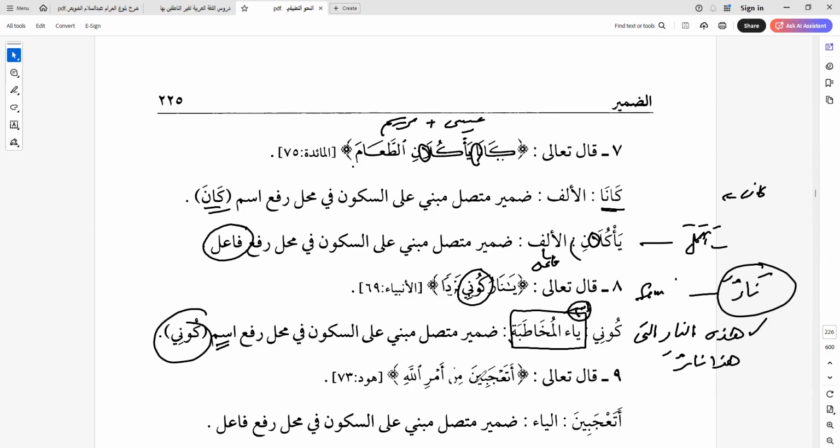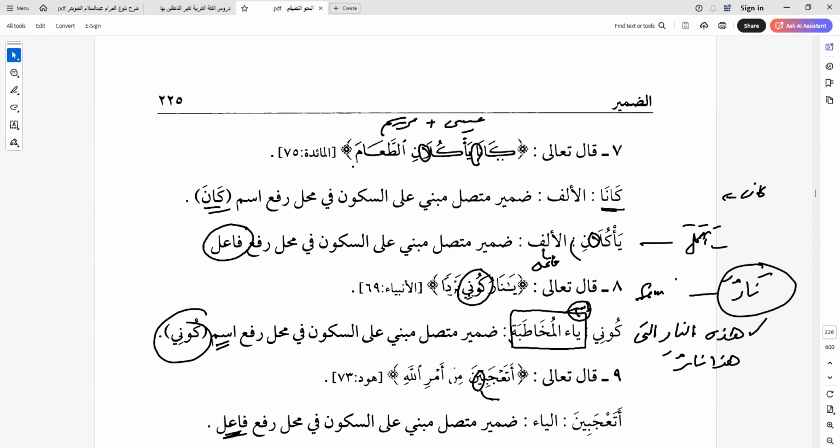قال تعالى أتعجبين, this ya again. أتعجبين من أمر الله. What kind of ya is that? Another ya al-mukhataba. The first ya al-mukhataba was a command, and the second ya al-mukhataba here is a question. أتعجبين، ياء ضمير مبني على السكون في محل الرفع فاعل.